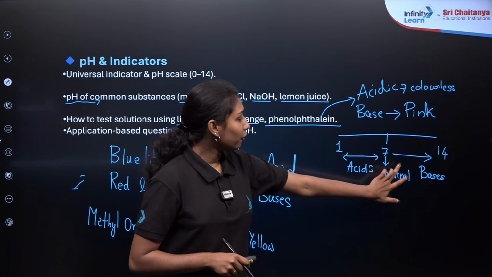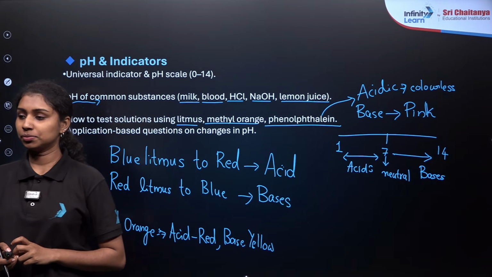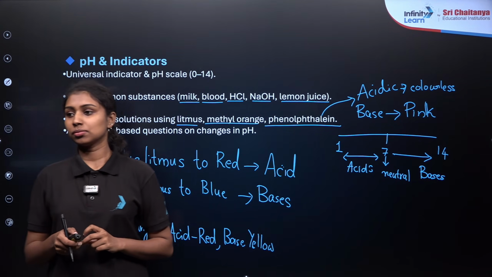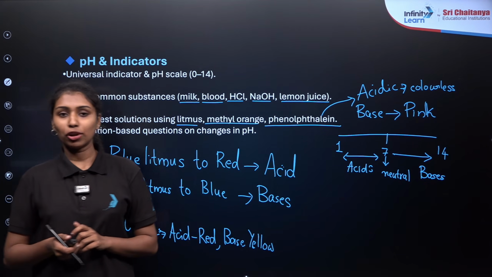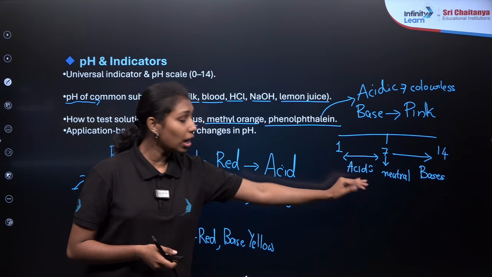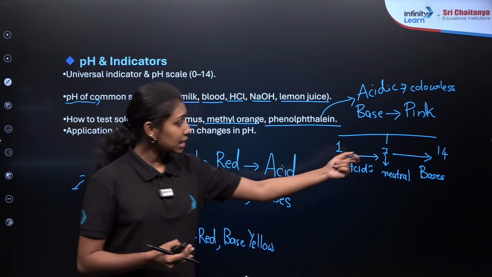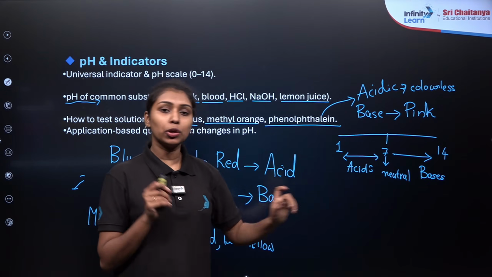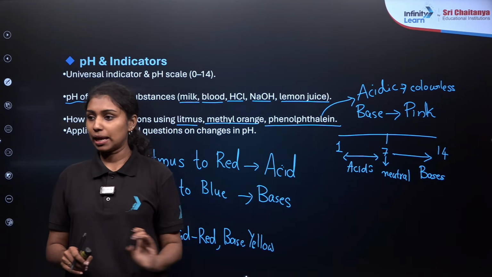If pH is 10, does it belong to 7 to 14 or 1 to 7? We have already defined acid, base and neutral substances depending upon the pH value, right? If the pH is less than 7, it belongs to acidic substances. If pH is equal to 7, it is a neutral substance. If pH is greater than 7, it belongs to basic substances, right?